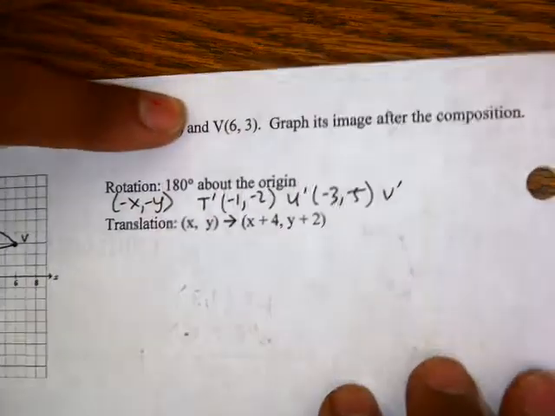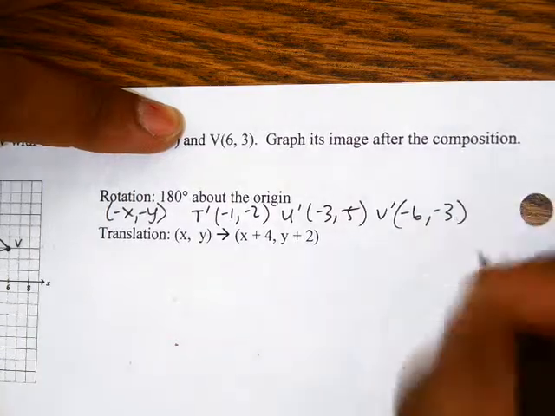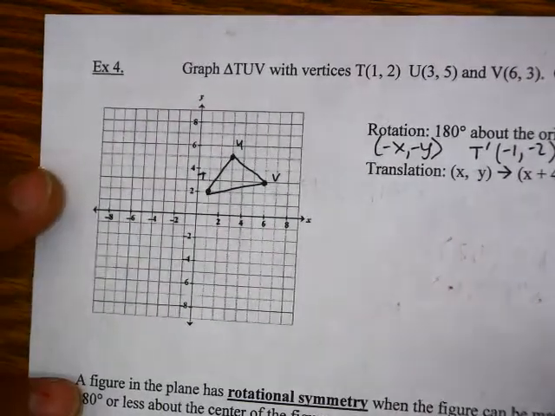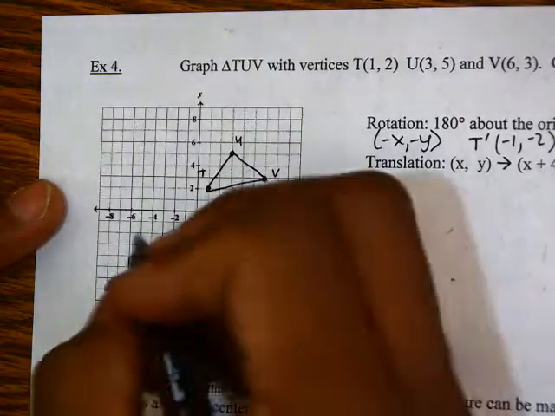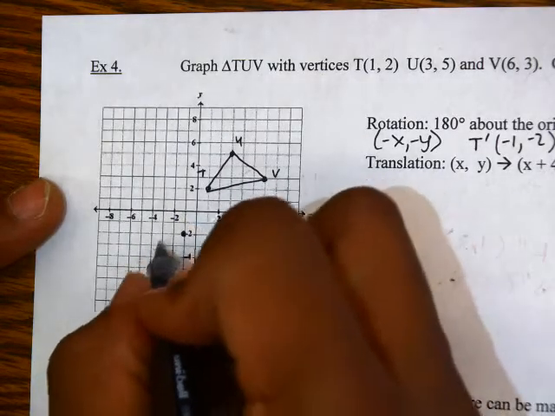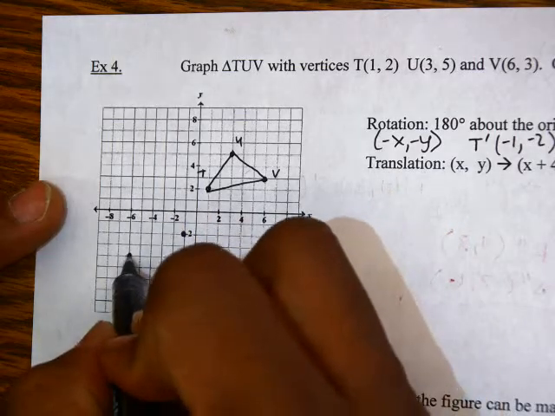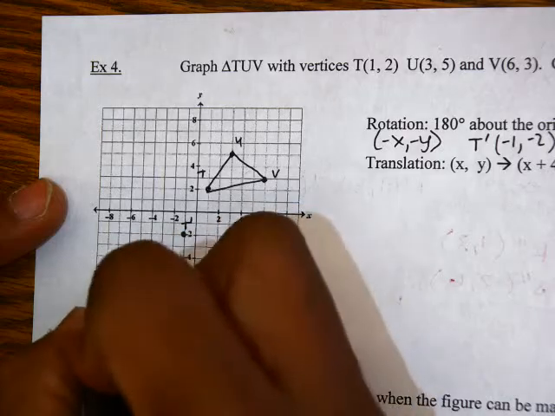V prime would be negative 6, negative 3. Let's go ahead and graph that. So this is T prime, U prime, V prime.